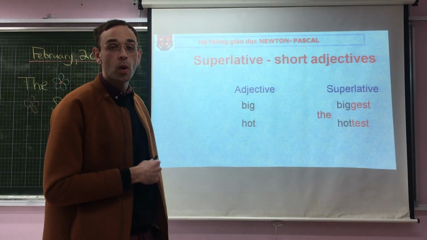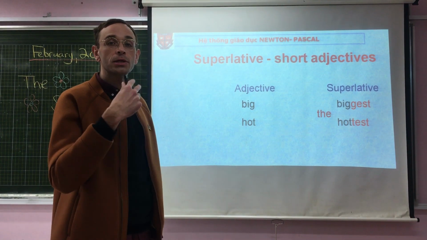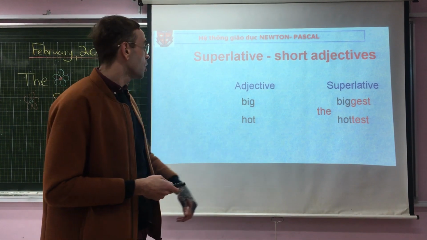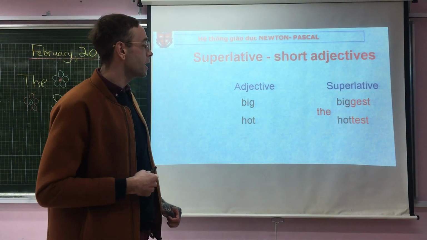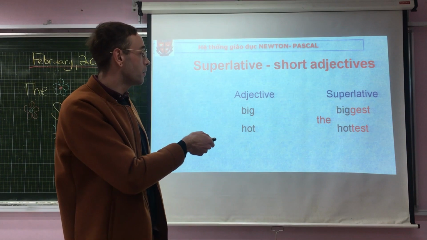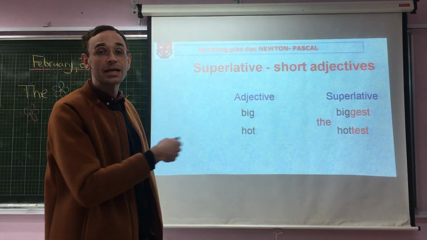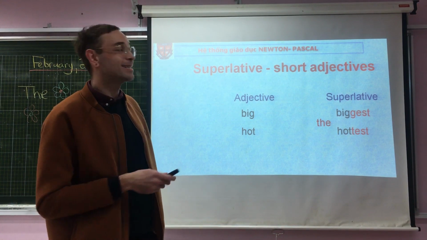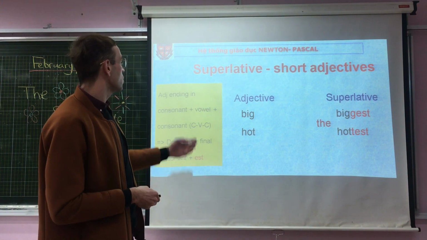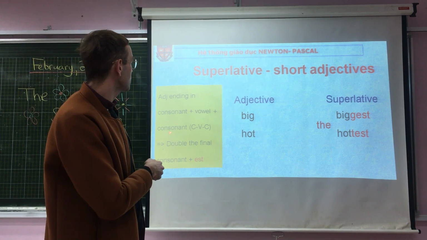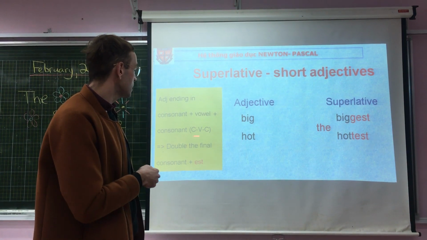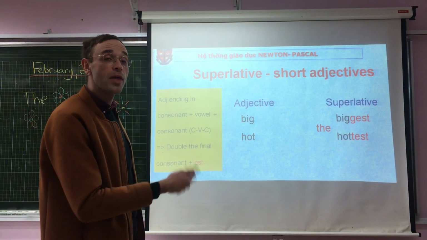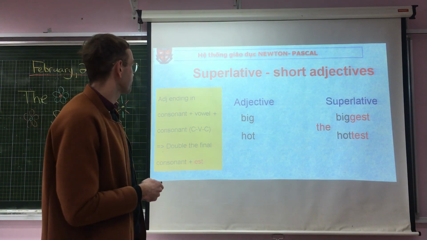Since big is one syllable, and the letters are consonant, vowel, consonant, we must double the G at the end in order to make the biggest. Same with hot. We must double the letter T in order to make the hottest. So here is our rule. For adjectives ending in a consonant, vowel, consonant, double the final letter, the final consonant, and then add EST.